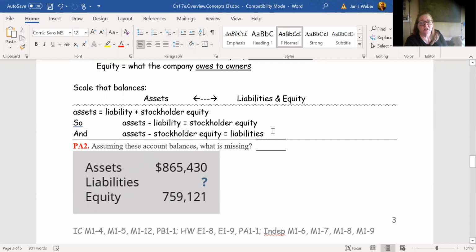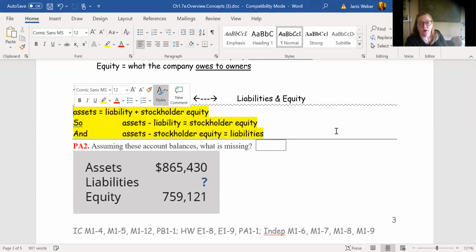This is just using very simplistic algebra and rearranging the accounting equation.